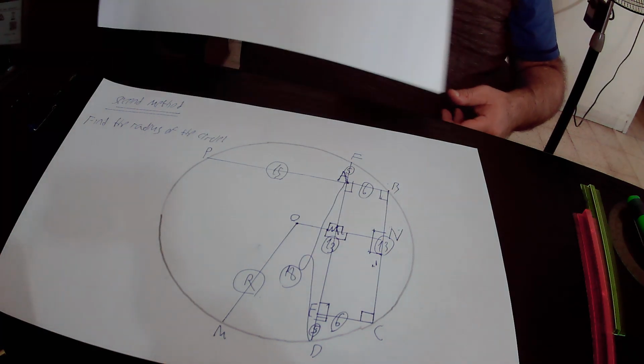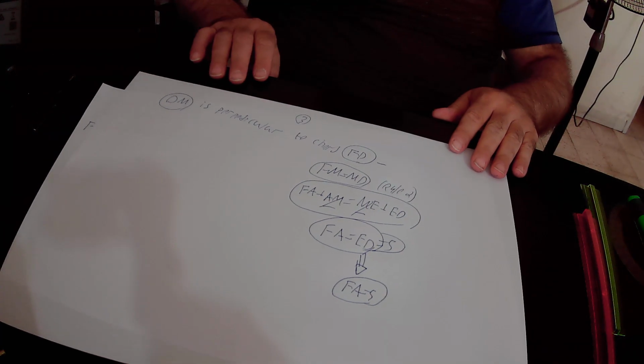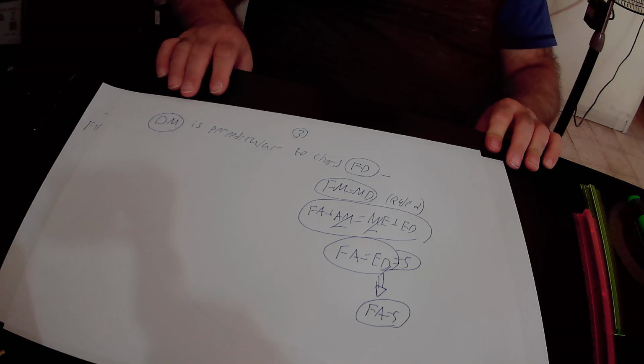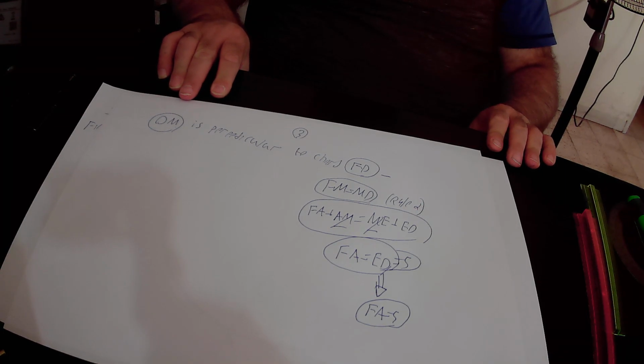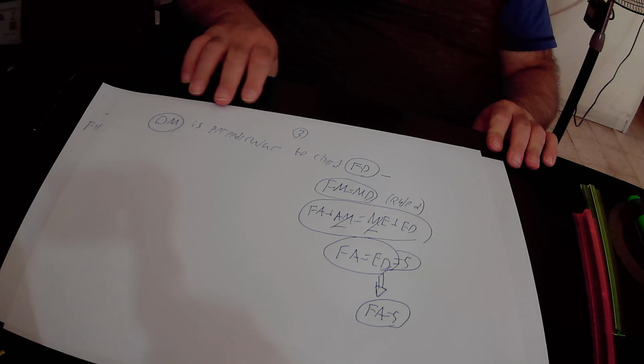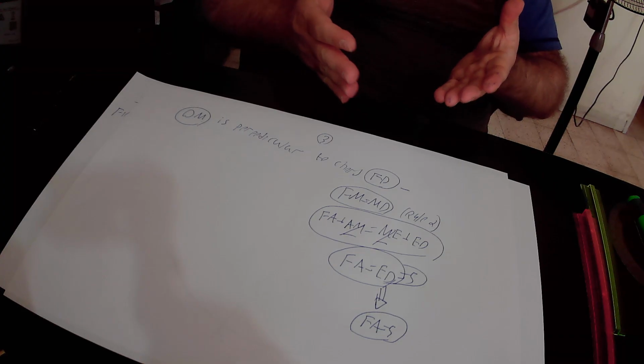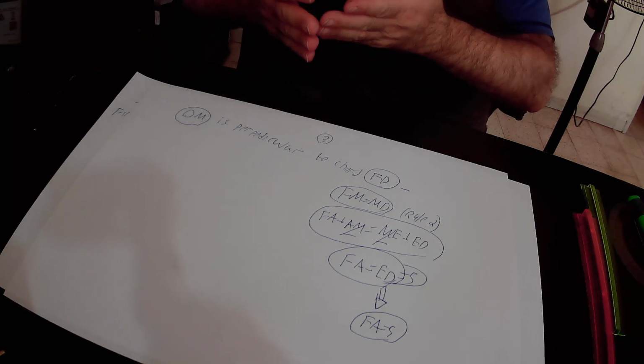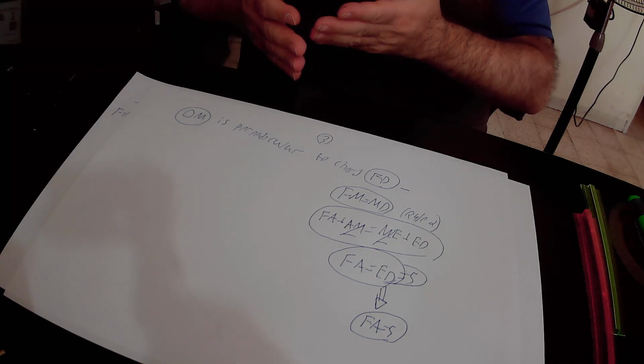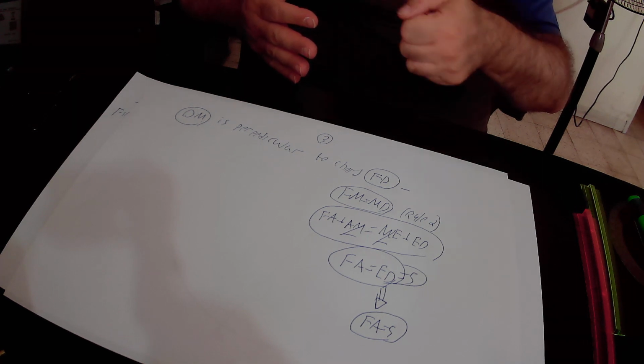I repeat again. OM, from the center of this circle, that is to say from point O, is perpendicular to chord FD, and according to rule number 2, whenever you have a perpendicular from the center of the circle towards the chord, it will bisect the chord.